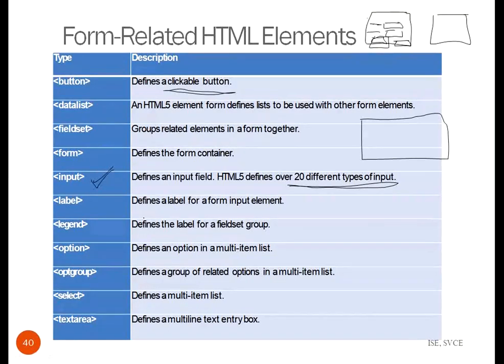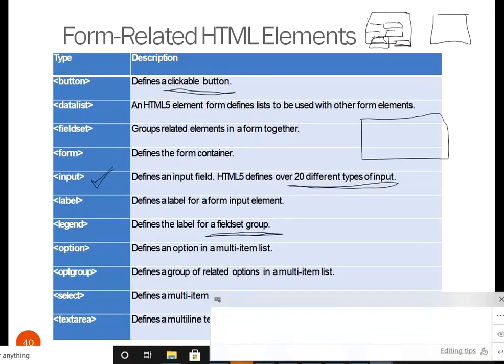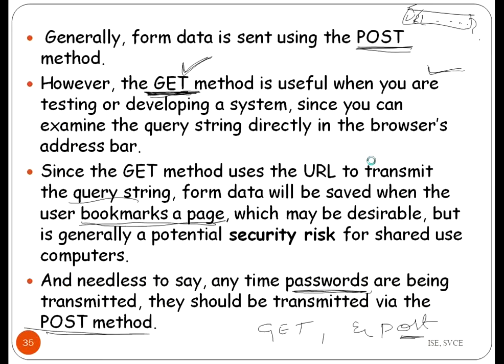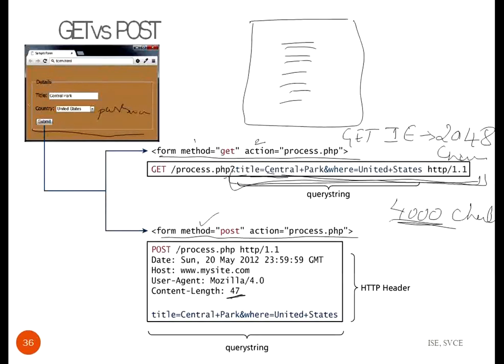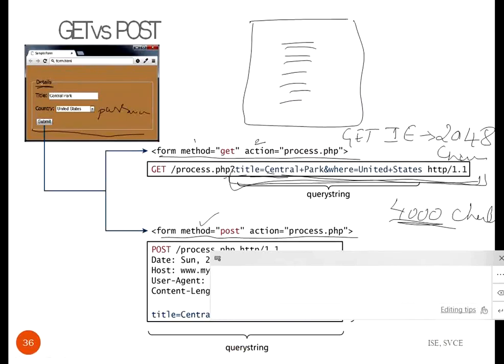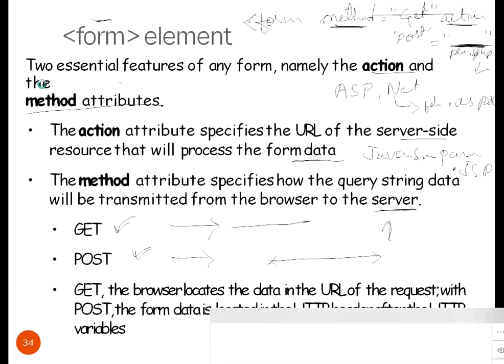Then legend. Okay, so what does this indicate? Legend defines the label for the field set group. It is going to assign a label. So I told in the previous slide, you can see this box is formed using field set. So now you need to give the name for what these elements are that I'm grouping. If you want to give the name for that, you're going to use the legend option, where you will be getting the name as details.